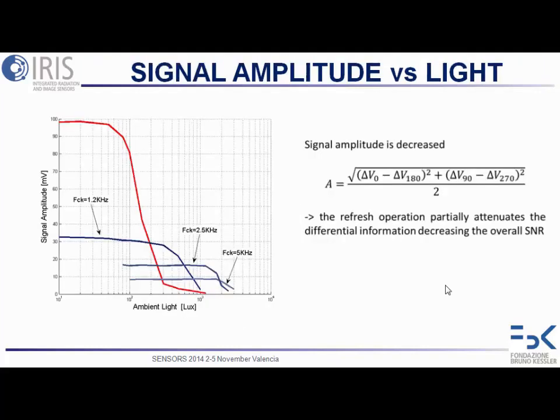This problem is due to the fact that the signal amplitude is also reduced by the effect of the compensation. So this is the main problem that I encountered. Basically, this reduces the accuracy of the measurement, and it is not possible to use higher frequency.